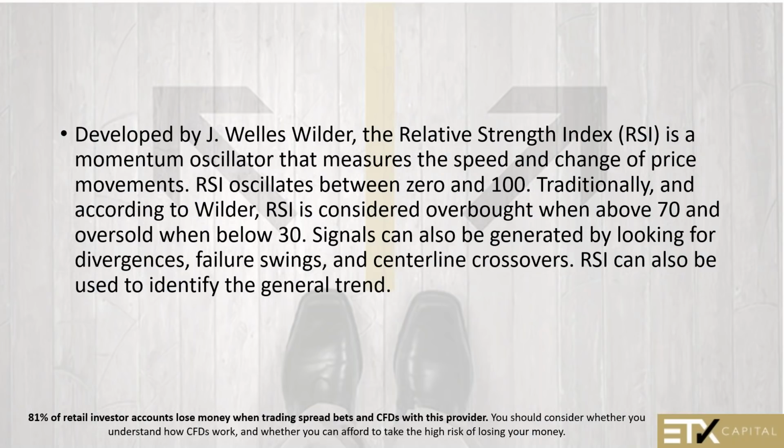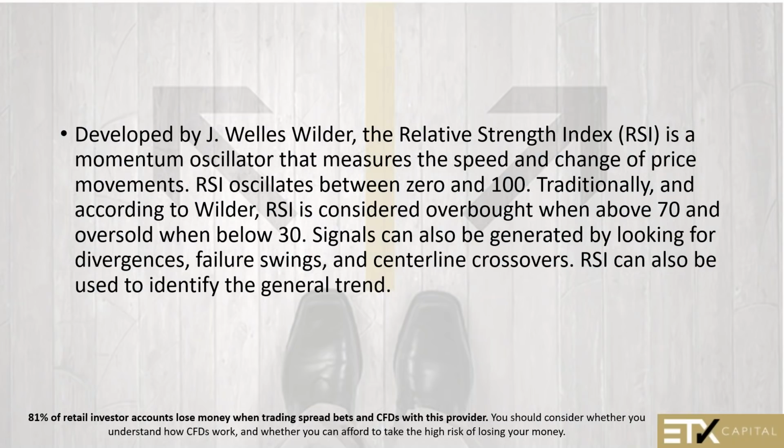So RSI will always oscillate between 0 and 100, no matter what the market is doing. When the mathematical calculations are calculated, it will always come out between 0 and 100. Not a negative number, not 102, not 127, always between 0 and 100.